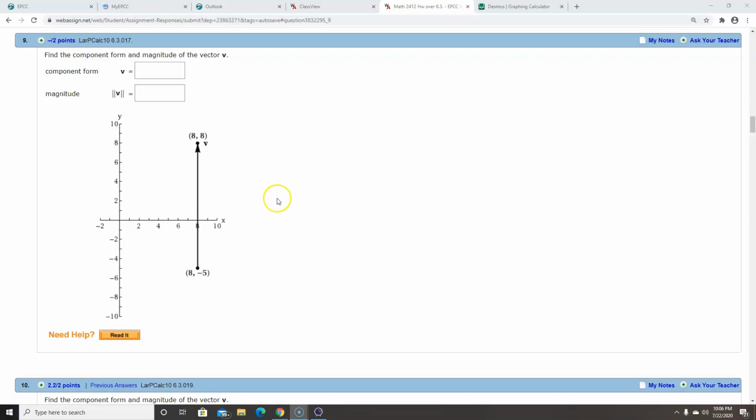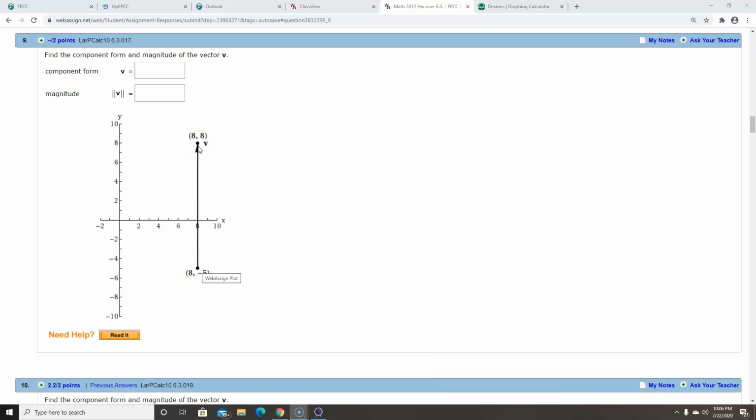All right, class. So next I would like for us to talk about number 9 together. They say, find the component form and the magnitude of vector v, where here is the sketch of vector v. They could have also said the directed line segment PQ.